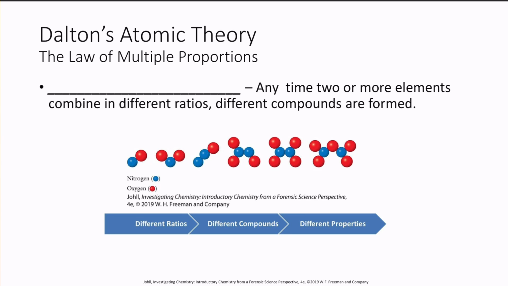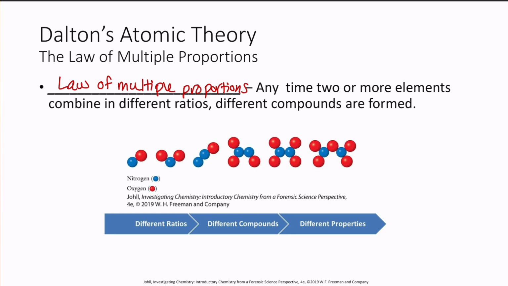The law of multiple proportions states that when you have two or more elements that combine in different ratios, you have different compounds. So this is an example of nitrogen and oxygen.